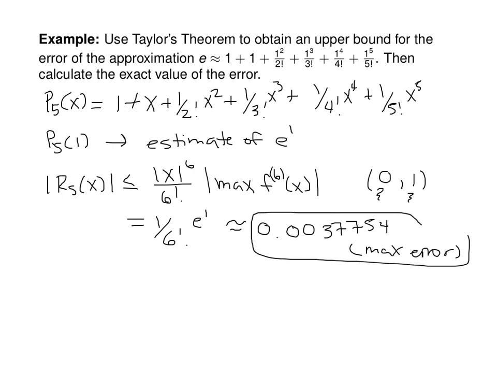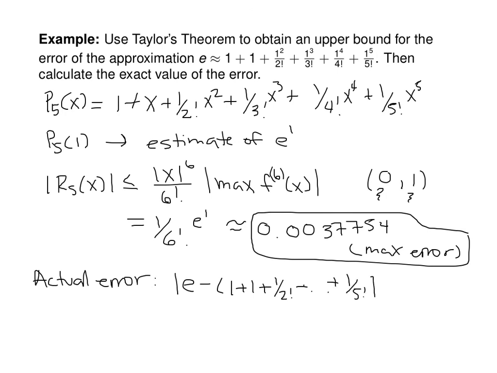So that's the max error, according to Taylor's theorem. Now, how you'd find the exact, or the actual error, is you take the absolute value of e, using some kind of calculator, minus this approximation, so minus 1 plus 1 plus 1 half, etc. And when you work that out, it's approximately equal to 0.001615.